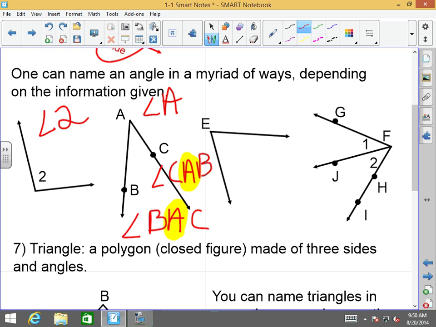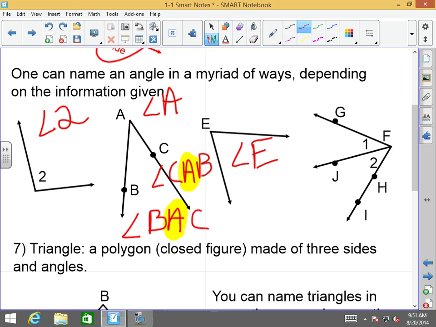So I can call that sucker angle A, angle CAB, or angle BAC. Done. What am I limited to in the third figure here, gentlemen? What am I limited to? Because I was only given one thing. Angle E and only angle E. There's no other way around it.